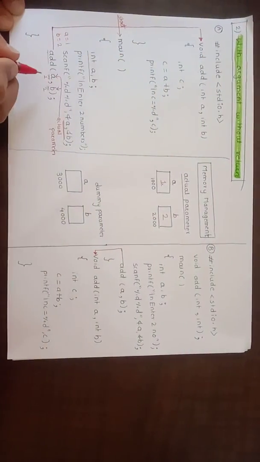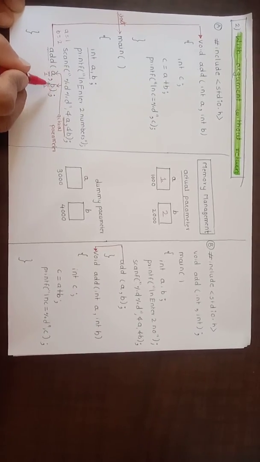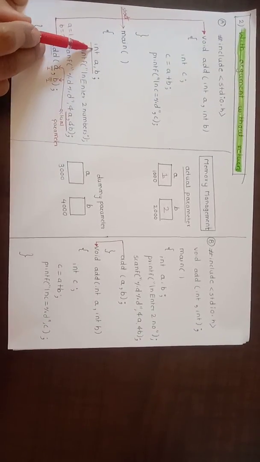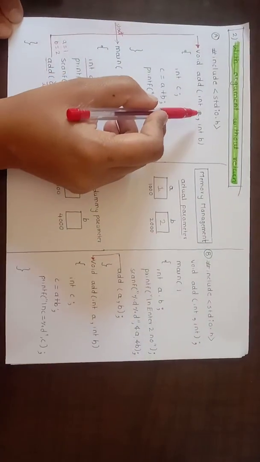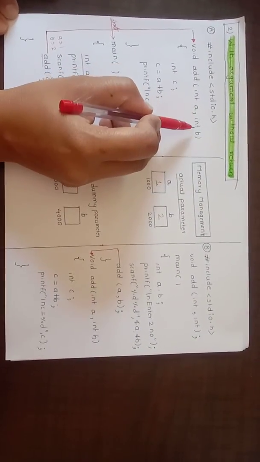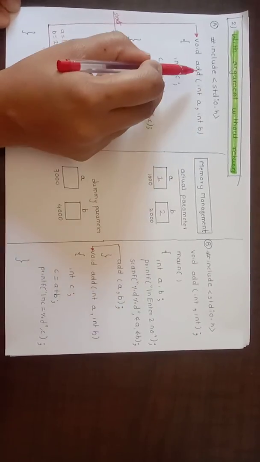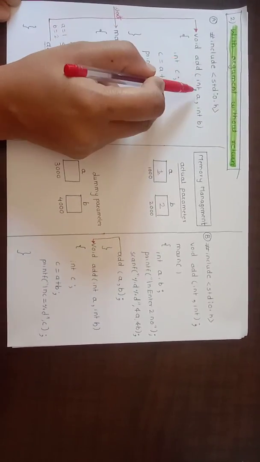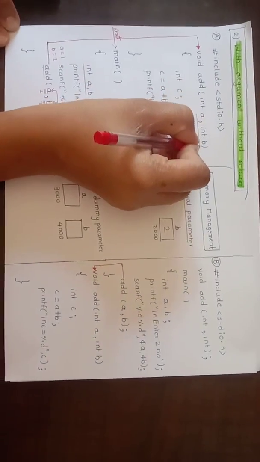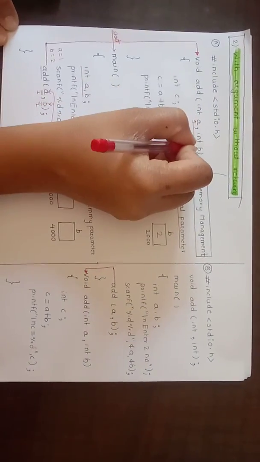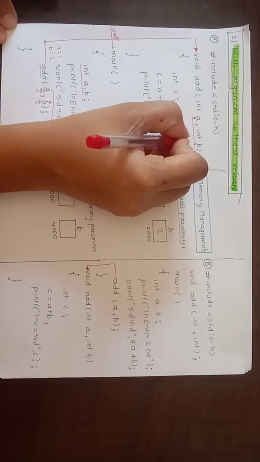Now here, if you observe, we send two values 1 and 2, of which data type? Integer data type. Now to receive those, we require two extra variables with the function, that are called dummy parameters. So this a and b are the dummy parameters.